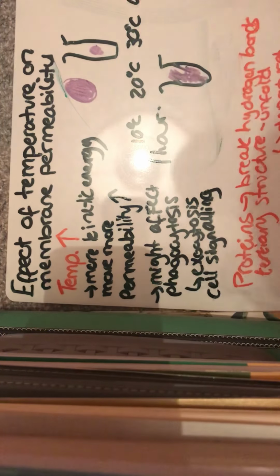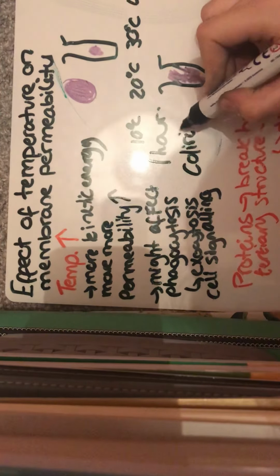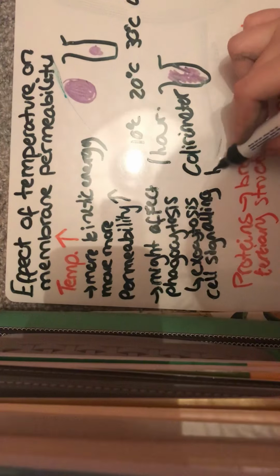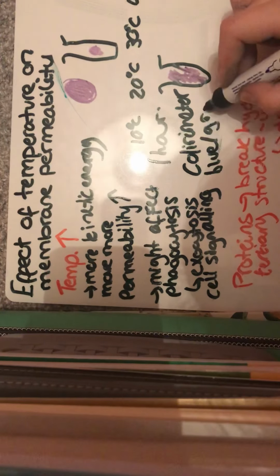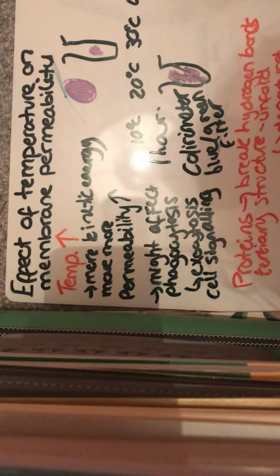So we use a colorimeter and you'd set that to a blue or green filter, but these will be in your practical skills. And then you would check the colorimeter reading for distilled water and measure the absorption of each test tube, and plot a graph of absorption against temperature.